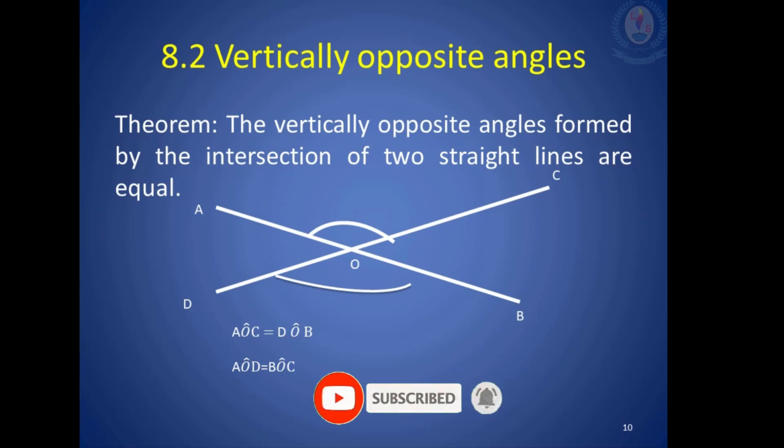So we can write angle AOD is equal to angle BOC. Accordingly, it's clear that two pairs of vertically opposite angles are formed by the intersection of two straight lines.